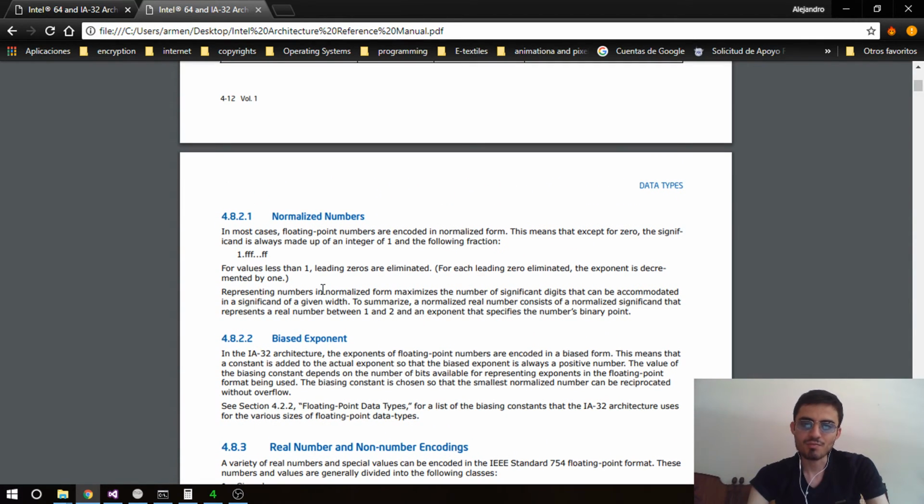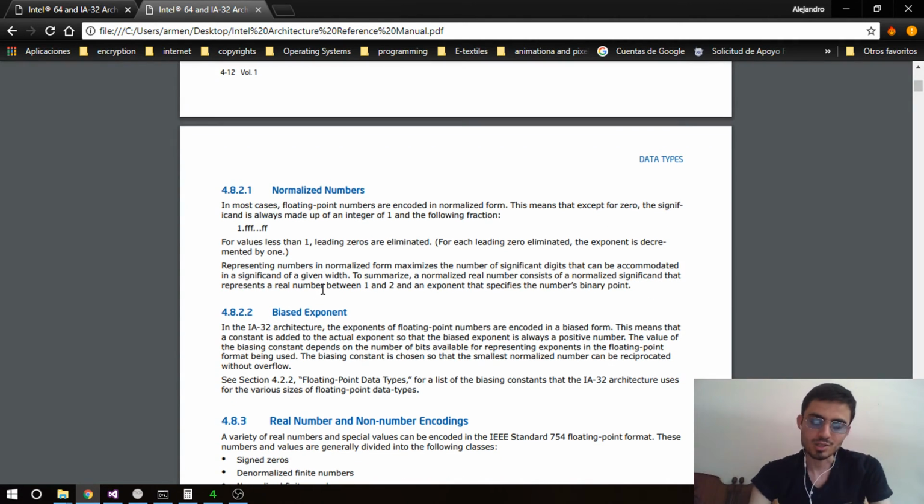If the number is bigger than 1, it's going to go from 1 to 2 somehow. If the number is less than 1, then it's going to be some kind of 0.0 blah blah number, and that's simple, because you just shift with the exponent to the most significant set bit, and you will get the representation for that number. So yeah, I think that's good.